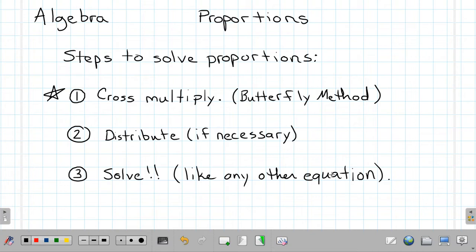Whatever equation you end up with after you cross multiply and distribute, you're just going to solve it like you would any other equation. So enough talking about the steps. The new thing we're adding here is cross multiplication, but let's jump right into some examples and see how this works.